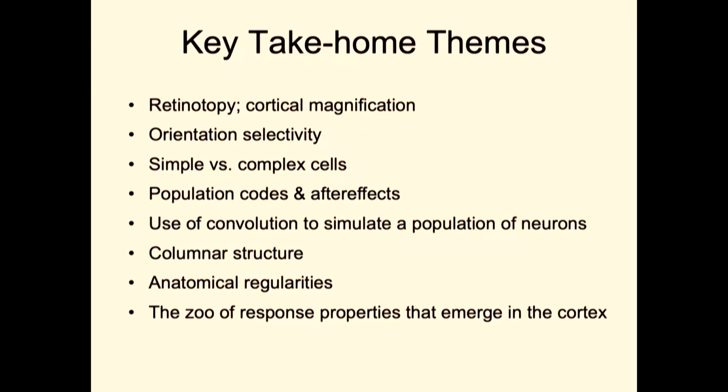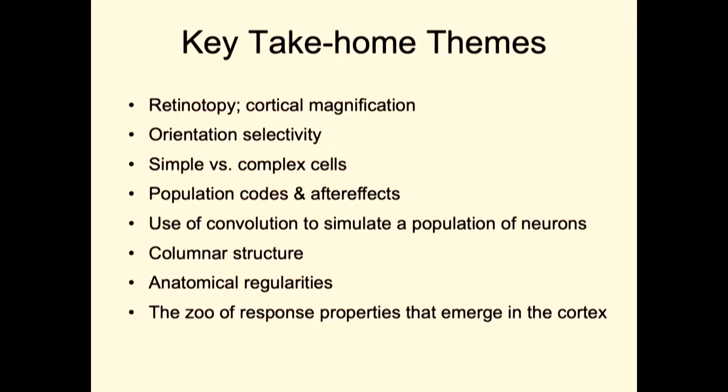Orientation selectivity, and how you would create orientation selectivity in a neural network with input from center surround receptive fields. Simple versus complex cells. Simple cells are approximately linear. The receptive field consists of excitatory and inhibitory regions that are spatially localized. Complex cells are nonlinear. They don't have these distinct spatial subregions.